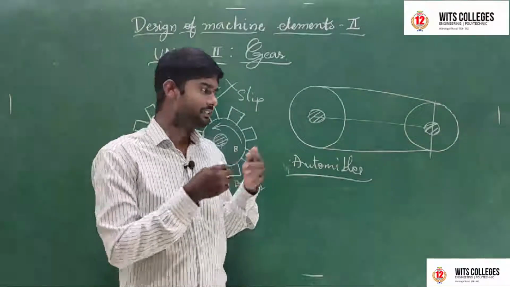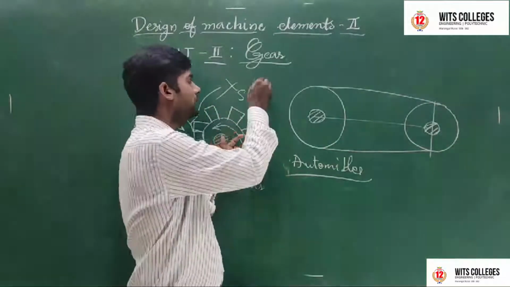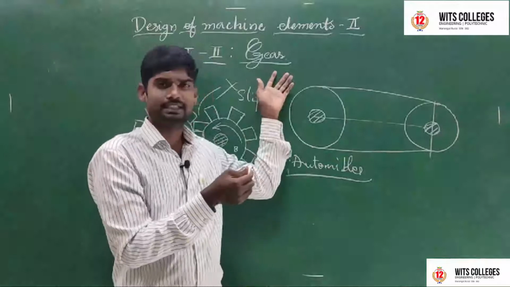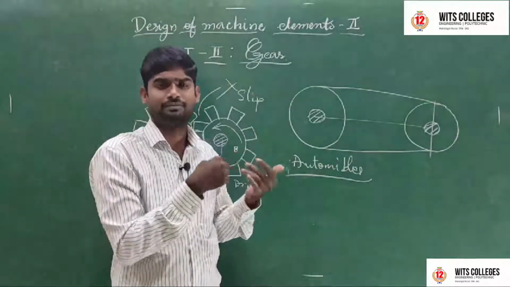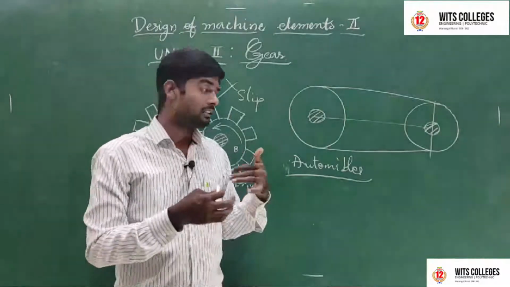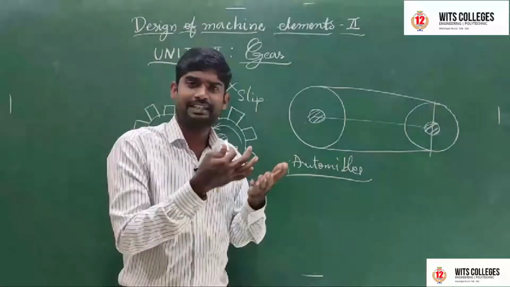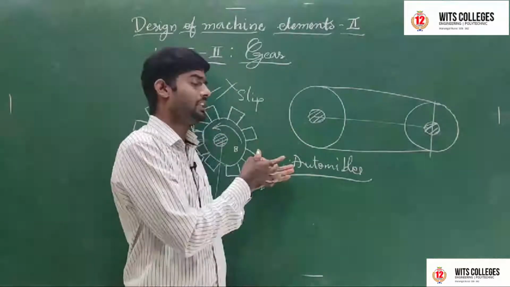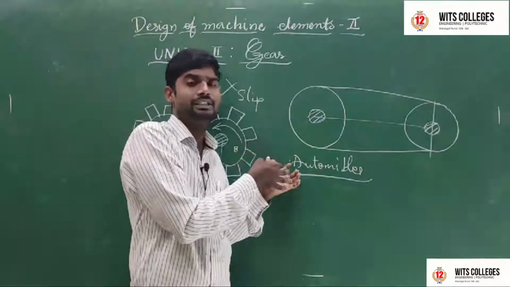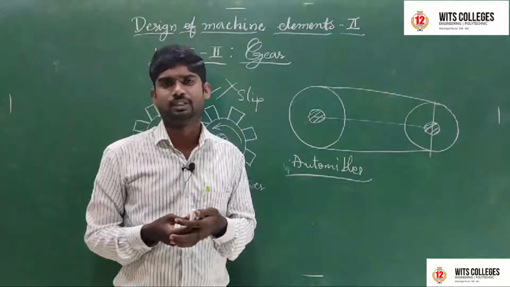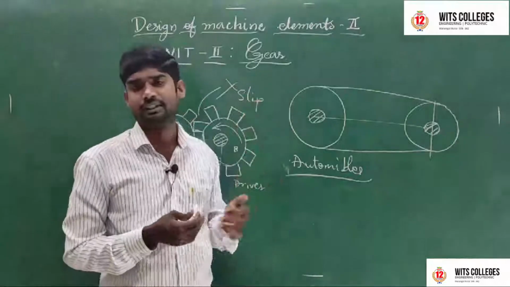In this topic we are going to learn how to design gears, how to manufacture gears, what the specifications are, what the classifications of gears are, and the nomenclature. In this lecture we learn what addendum is. This is an introduction to gears.